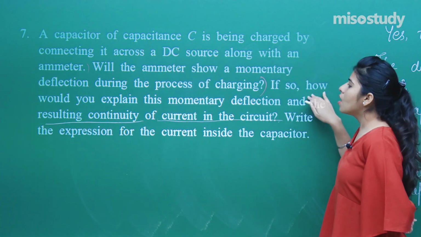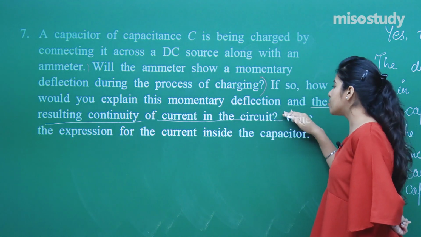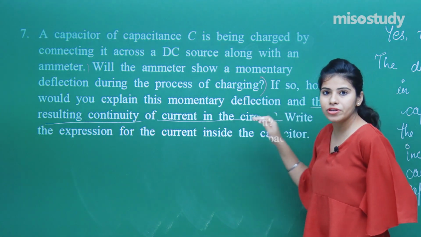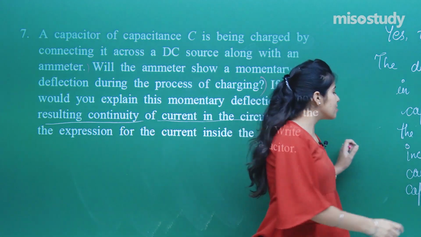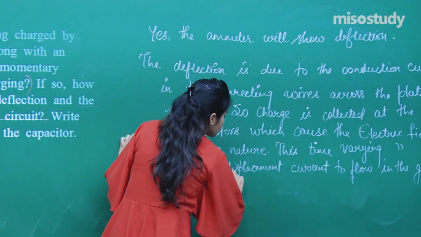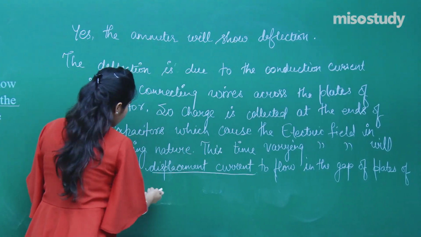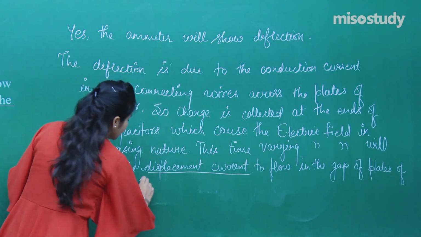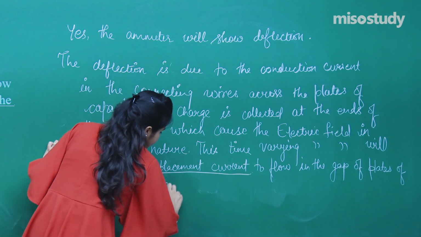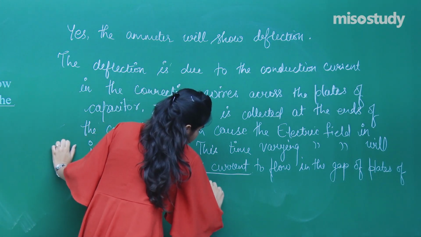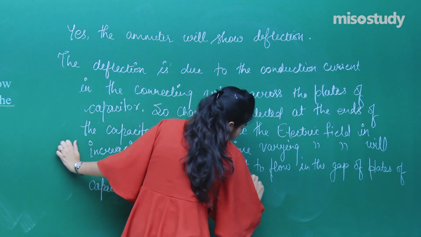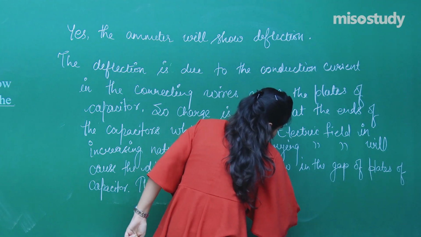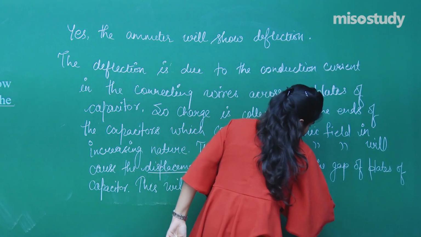How would you explain the momentary deflection and the resulting continuity? So, we can say that the resulting continuity is due to the displacement current, or further you can write displacement current to flow in the gap of plates of capacitor. This will cause the continuity of current in the circuit.